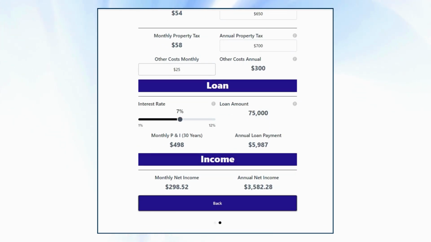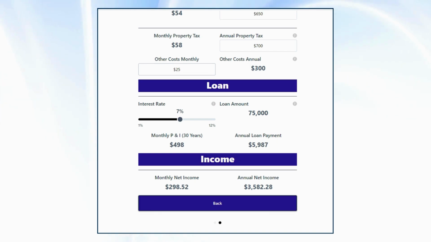Because it's $100,000 after repair value and I had to have 25% equity, the calculator's telling me that my loan amount is going to be $75,000 when I do that long-term rental loan. And at 7%, that's going to result in a monthly principal and interest payment on a 30-year loan of $498. And annually, it's coming in at $5,987.